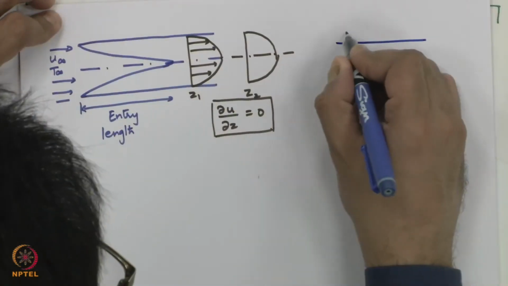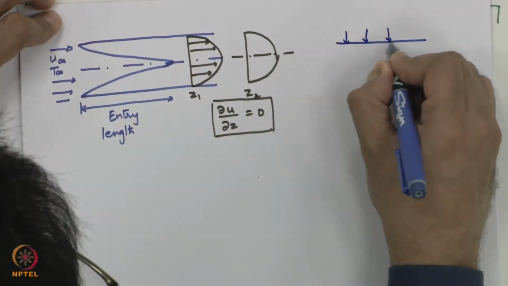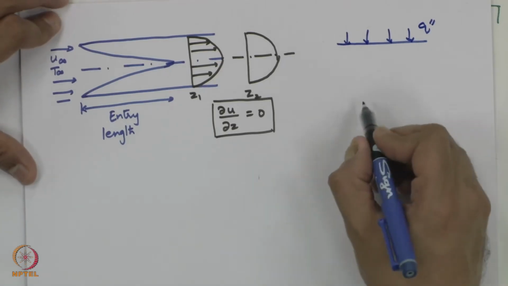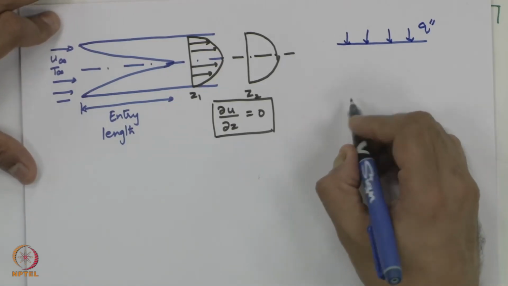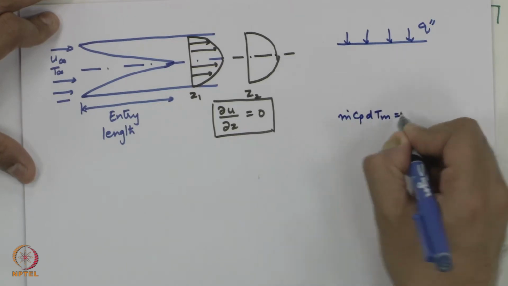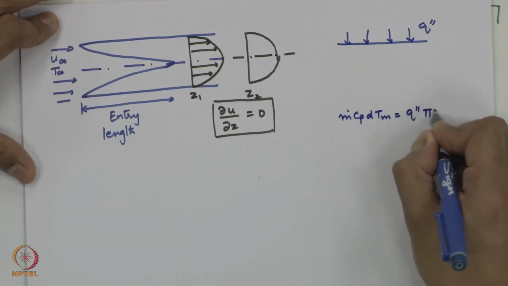Now, when we came to heat transfer, we said the same thing does not work very nicely, because you are supplying heat, whether it is a constant heat flux or a constant wall temperature application, continuously. The manifestation of the additional heat would be m dot Cp dTm equal to q double prime pi D dz.